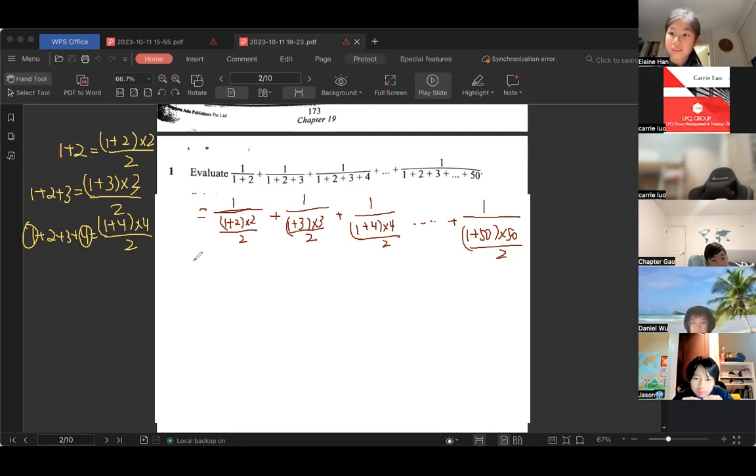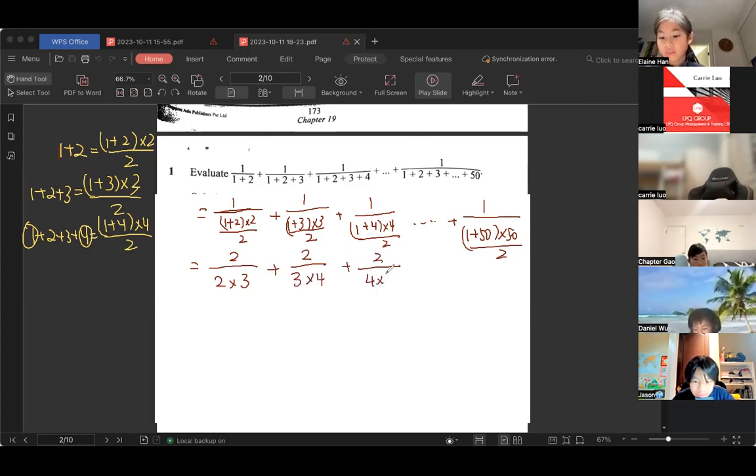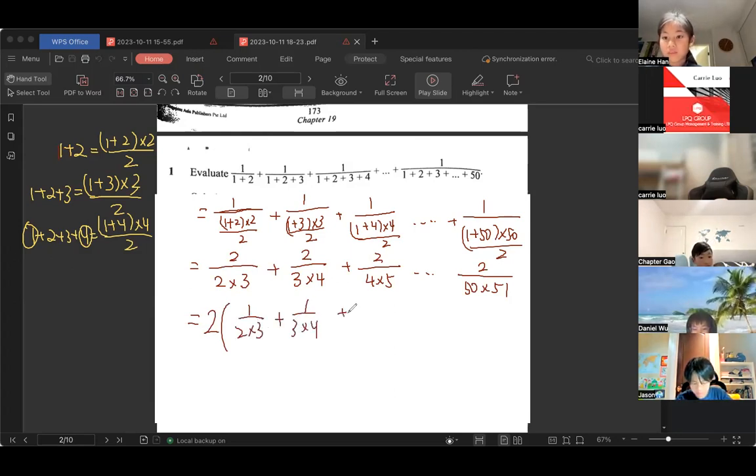So let's take a look at this one. So what equals what? It's 2 over 2 times 3 plus 2 over 3 times 4 plus 2 over 4 times 5 and so on to 2 over 50 times 51. Correct, everybody? So I am going to take out 2. So it's 1 over 2 times 3 plus 1 over 3 times 4 plus 1 over 4 times 5 and so on to 1 over 50 times 51.